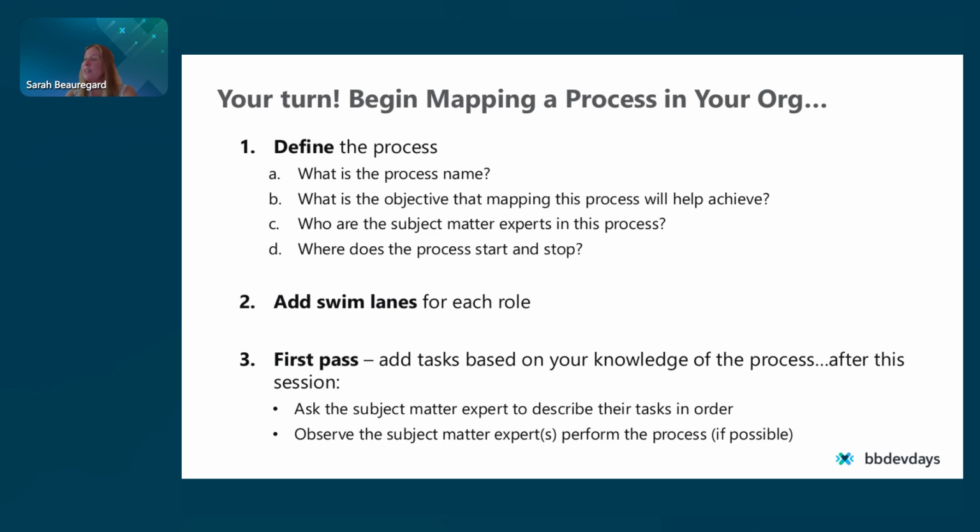And then from there, I'm going to give you a couple of minutes to start adding some tasks based on your knowledge of the process. This is just to start practicing a bit in creating the process map.